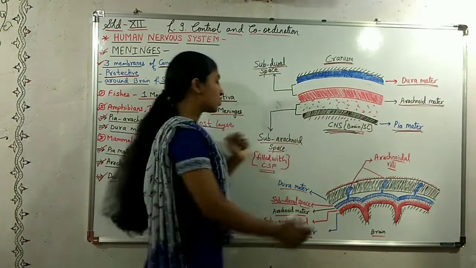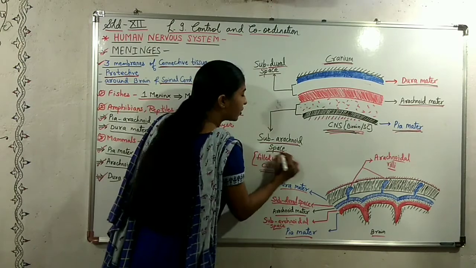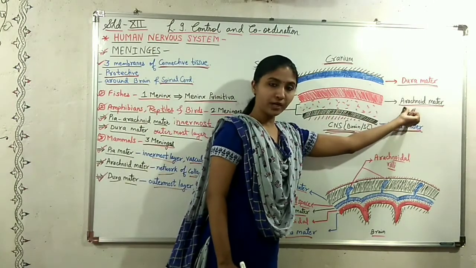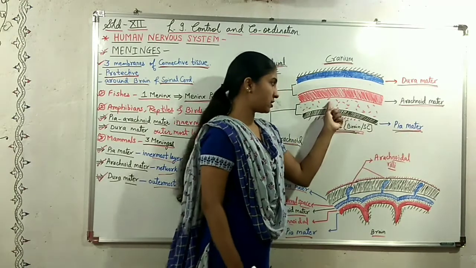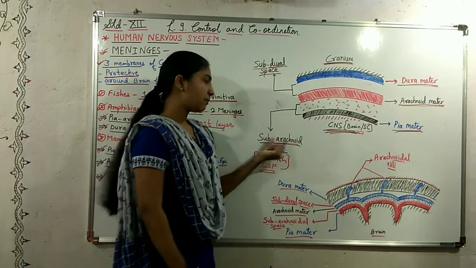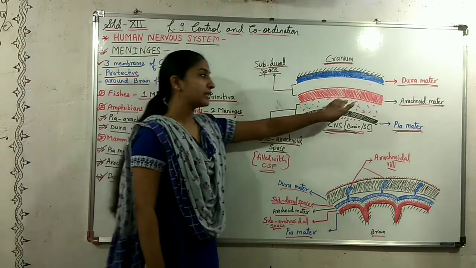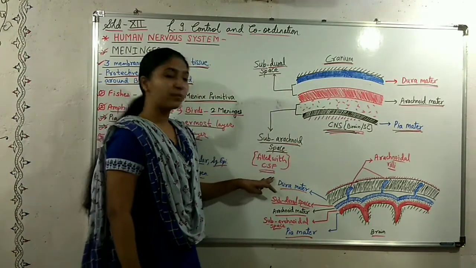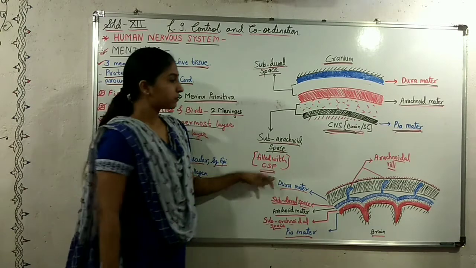This space is called the Subarachnoid Space. And this subarachnoid space is filled with the Cerebrospinal Fluid.